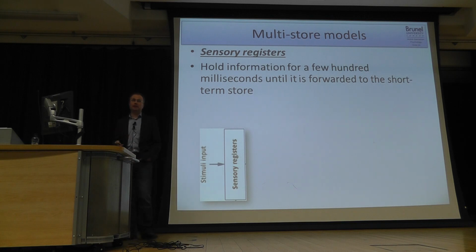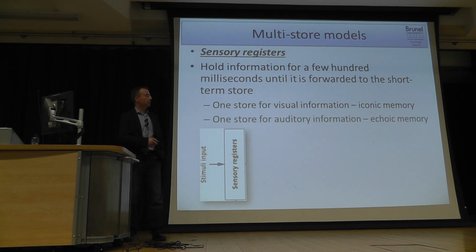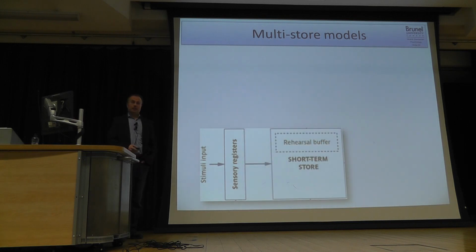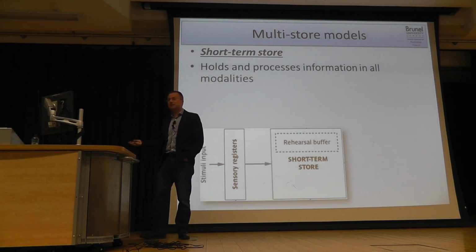And they hold information very briefly until it is forwarded to the short-term store. And we have one store for visual information, that's called the iconic memory, and one store for auditory information, that's called the echoic memory. So we have these two different, modality-specific types of stores. Then information is passed on into the short-term store from the sensory registers, and this short-term store is modality independent.